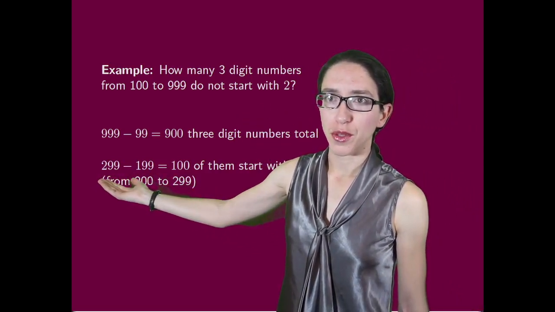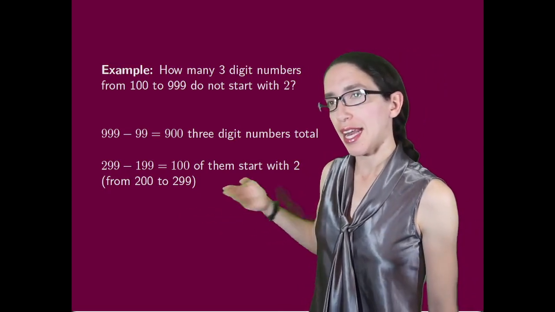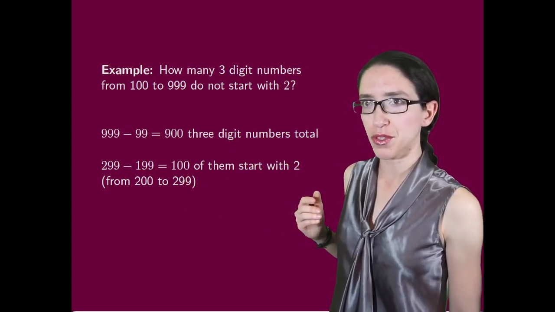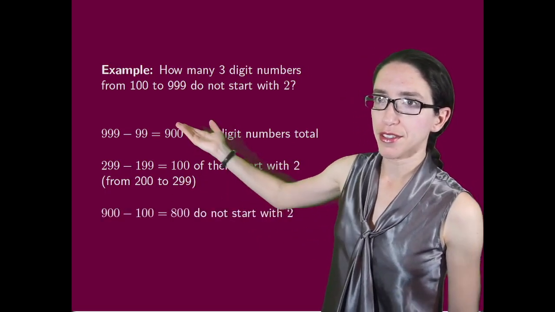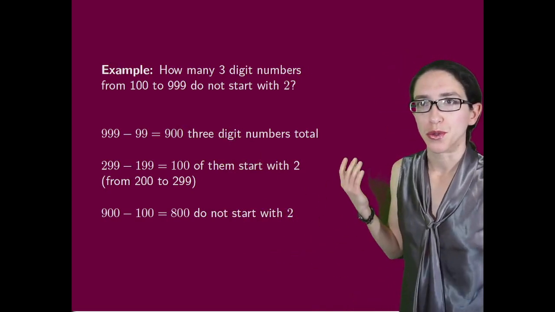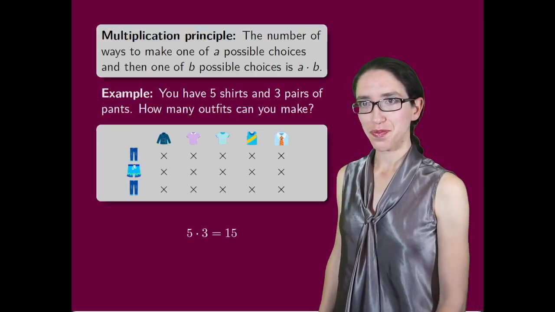Well, there's the ones from 200 to 299 are the ones that start with 2. And as we calculated in the 100s and 700s case, there's 100 of those. And we put those together. 900 minus 100 equals 800. So by the subtraction principle, you have 800 3-digit numbers that don't start with 2.